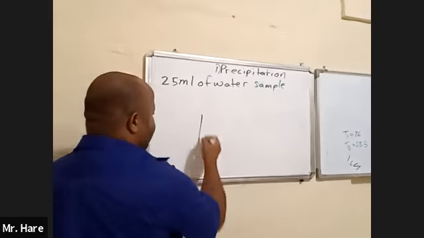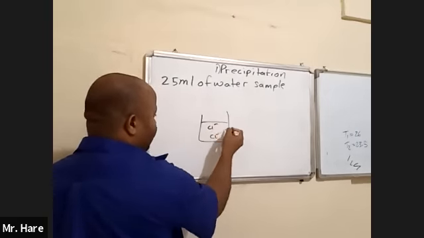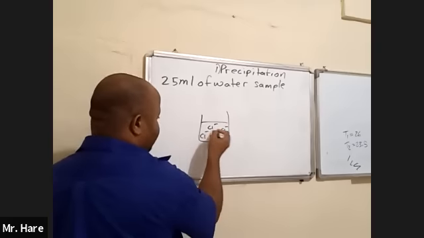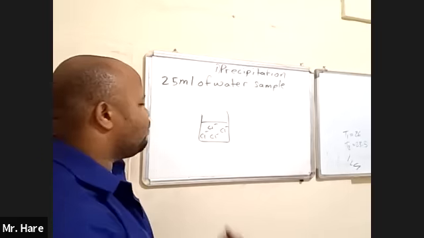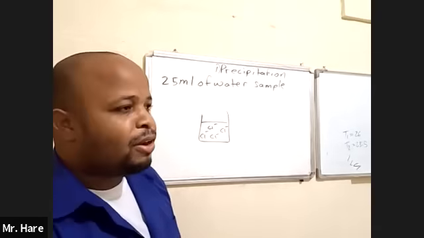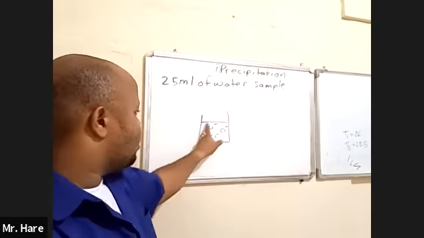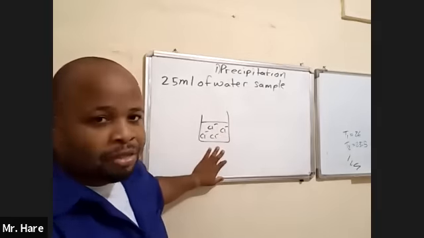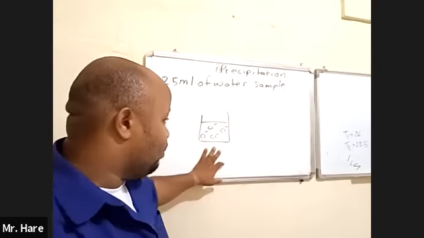So whatever amount of chloride ion is present, you want to ensure that all of it is converted to the precipitate. What happens if not? How would it affect your data? You're trying to figure out the concentration of chloride ion in the water sample.